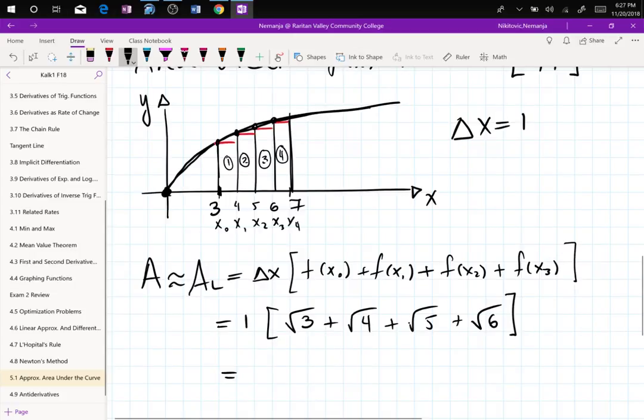So now we can actually use the calculator and figure this thing out.